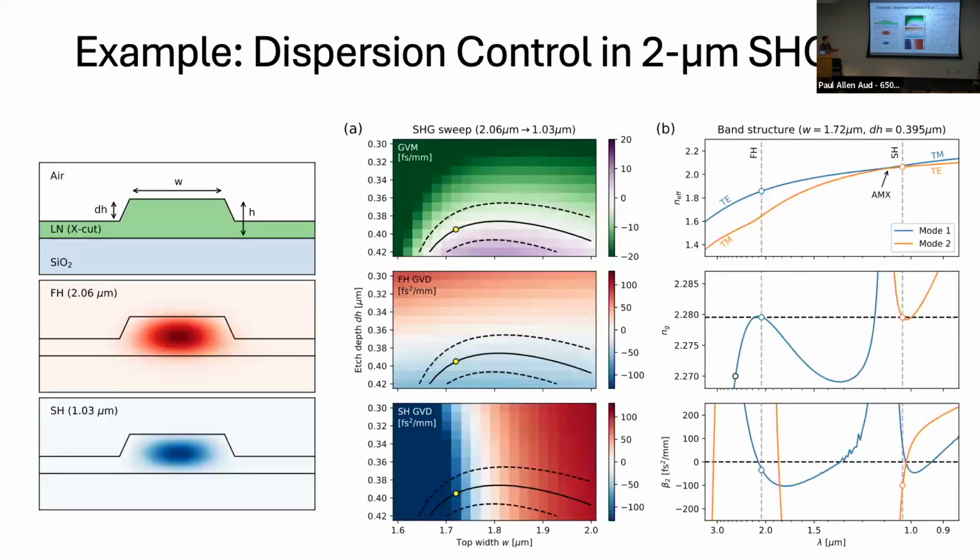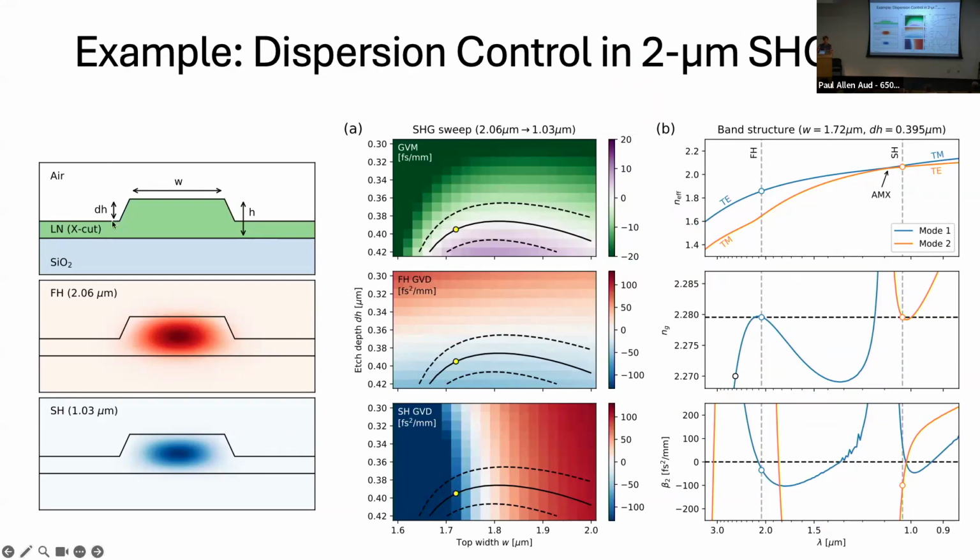And this is just an example of how you can use dispersion engineering to satisfy a number of criteria. In this case, this was work that was done by Mark Jankowski about looking at broadband second harmonic generation. So for broadband second harmonic generation, you want to match group velocities as well as minimize the group velocity dispersion at both of your harmonics.